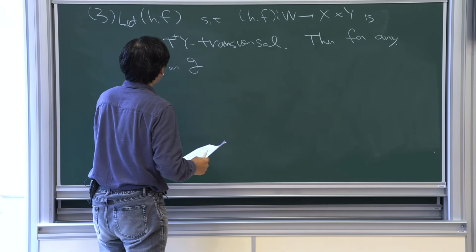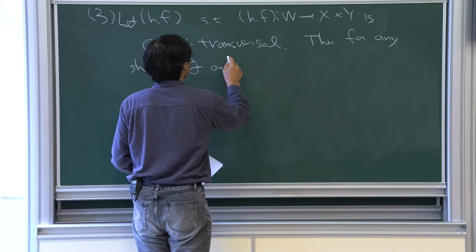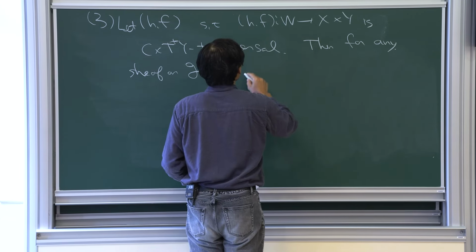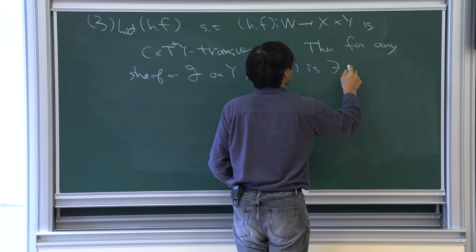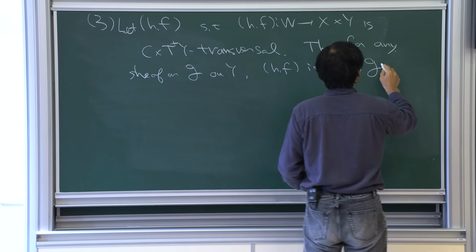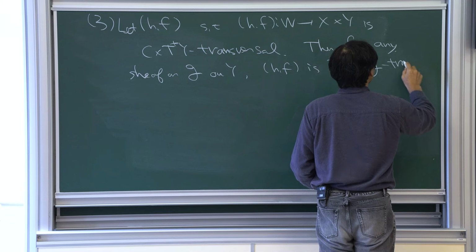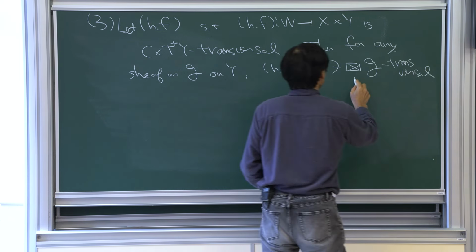Then for any G on Y, this morphism is this external product transversal. This is the usual notation.